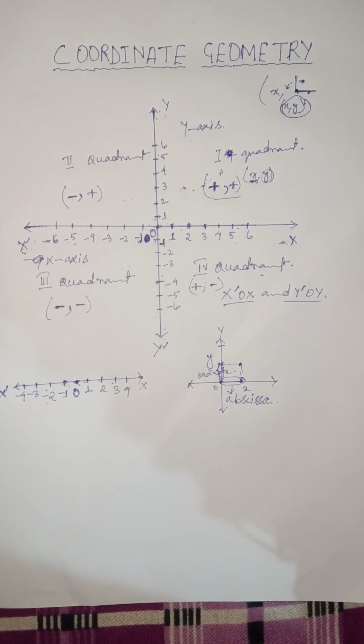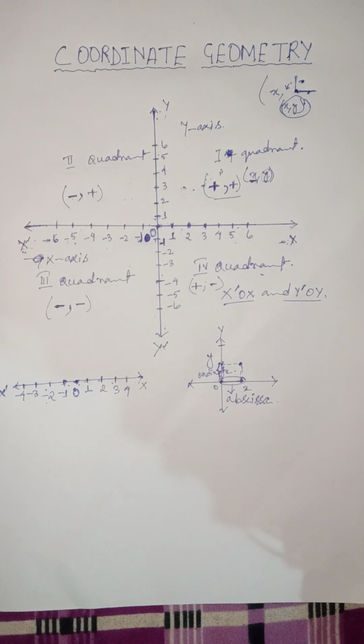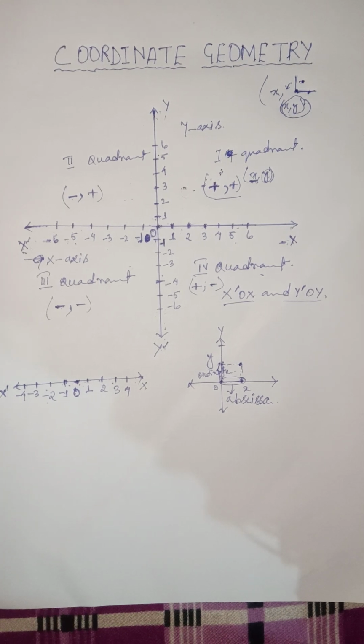Alright, let me know if you have any problem in this. After that, we'll move to the next, which will be the last for this discussion. Alright, so I hope there will be no doubt in this.